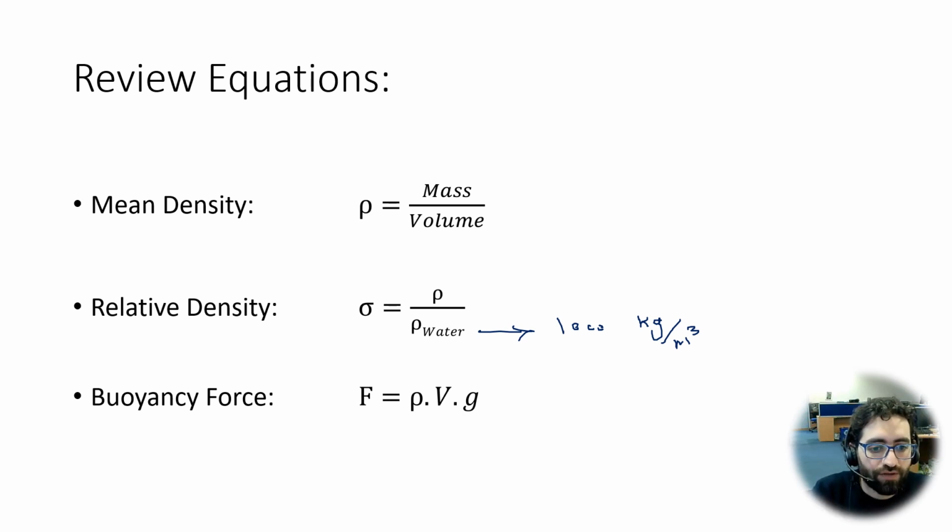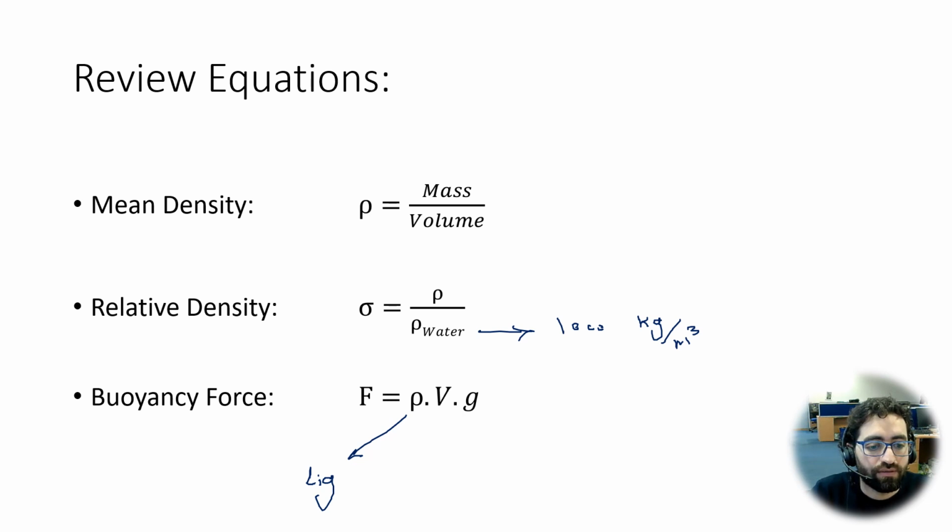In the formulation of the buoyancy force, rho is the density of the liquid that our object is immersed in or floated on. This is for the liquid, or I can say the fluids, not just the liquid.